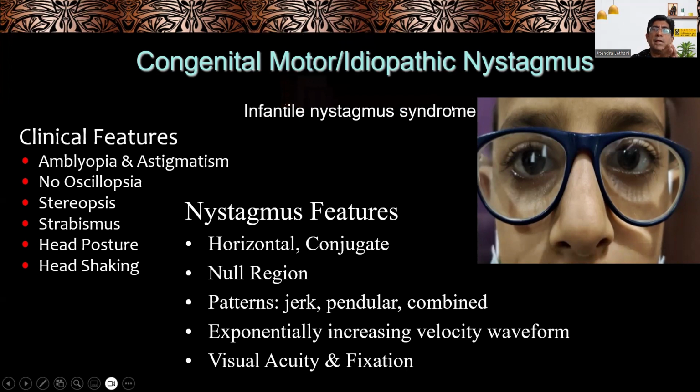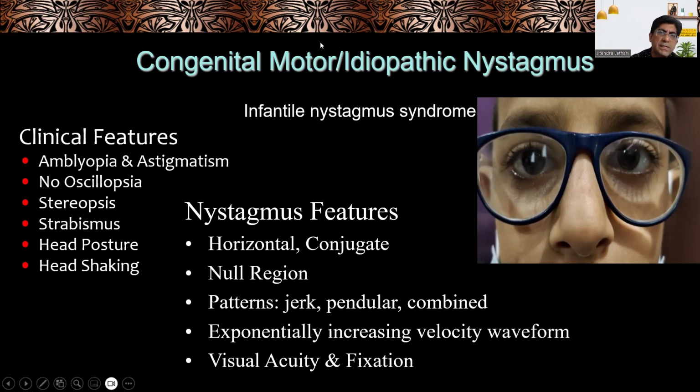So there are broadly two kinds of classification: infantile nystagmus syndrome, idiopathic nystagmus, versus fusion maldevelopment nystagmus. Now, this would normally be a manifest nystagmus, and fusion maldevelopment nystagmus would have strabismus and latent nystagmus. So these are all associated things, but the broad classification now is infantile nystagmus syndrome versus fusion maldevelopment nystagmus.